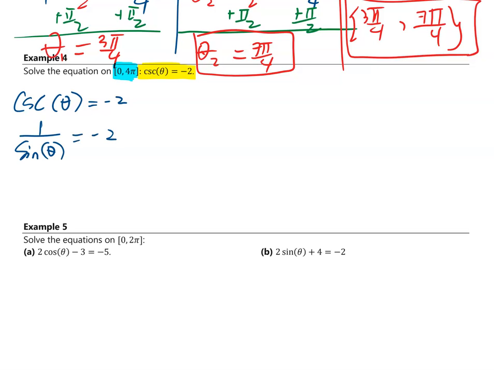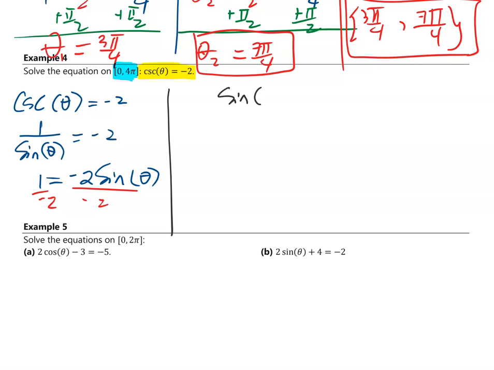If we cross multiply, 1 is equal to negative 2 sine theta. And if we divide both sides by negative 2, we will have sine theta is equal to negative 1/2. And then if we want to get theta, we take the inverse sine of both sides.